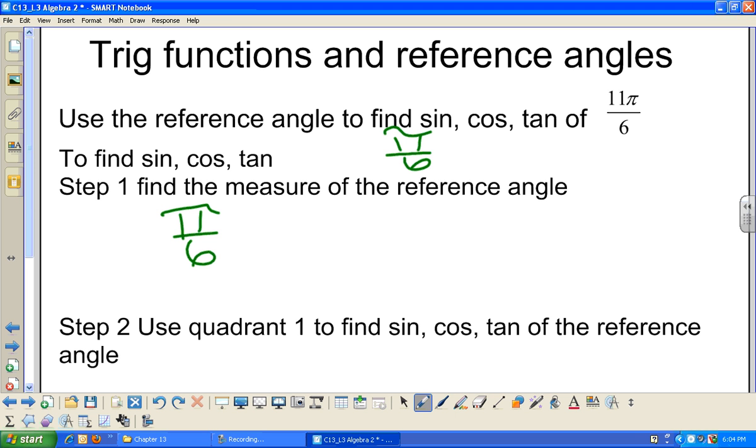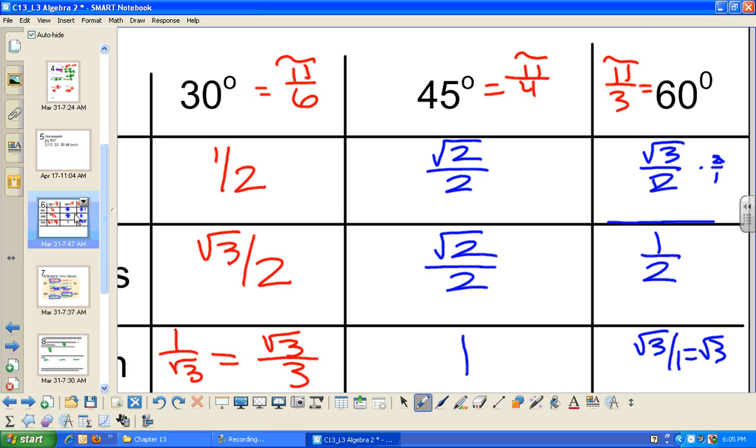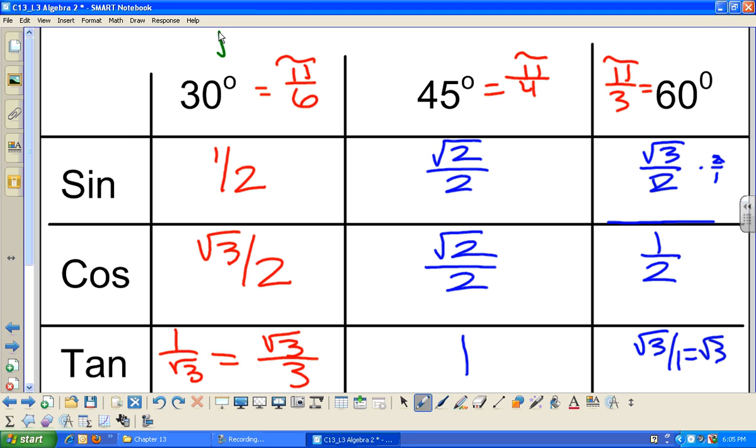I want to use the first quadrant to find sine, cosine, and tangent of my reference angle. That's using the chart that we just found out. So sine, cosine, and tangent. If you look at pi over 6, that's the same thing as 30 degrees.